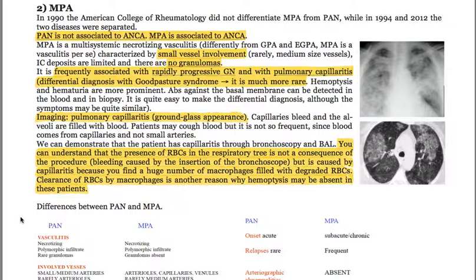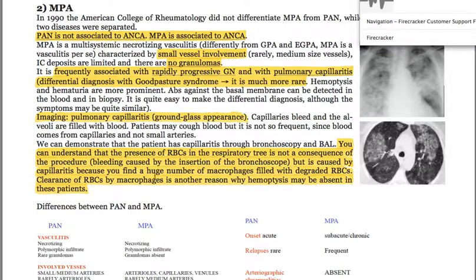Microscopic polyangiitis. Polyarteritis nodosa is not associated with ANCA. Microscopic polyangiitis instead is associated with ANCA. They were thought to be the same disease in the past, but now they are divided.